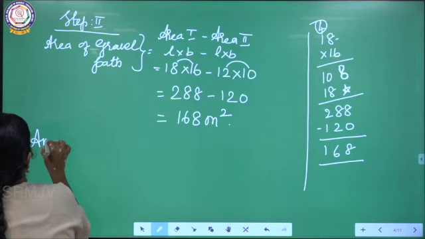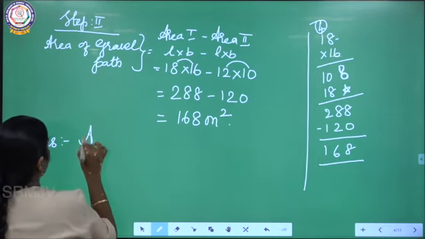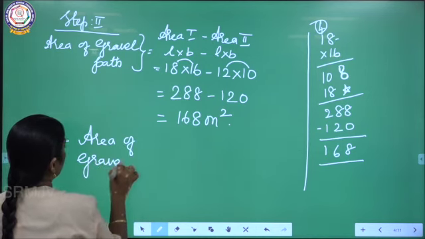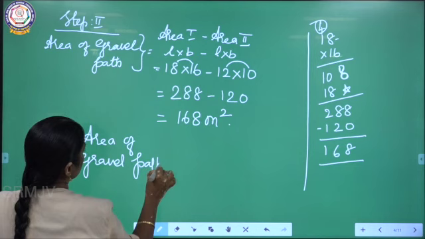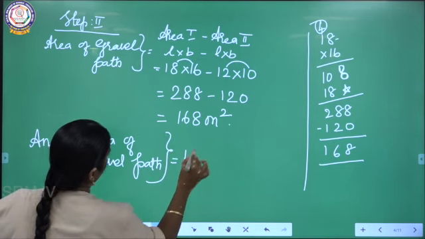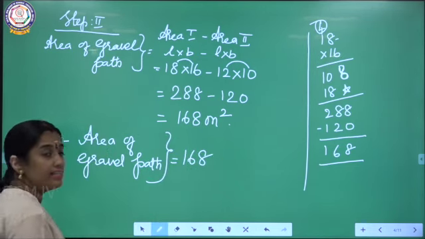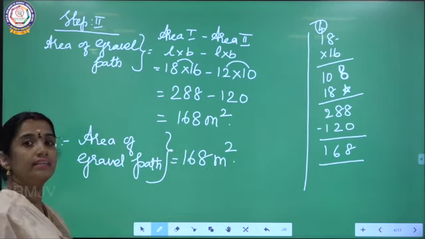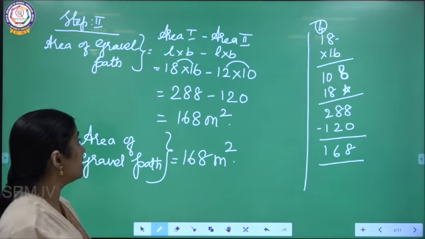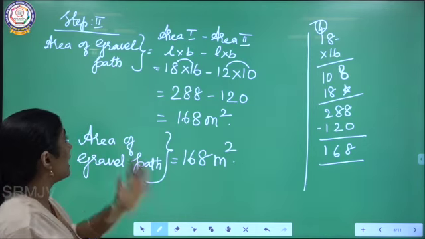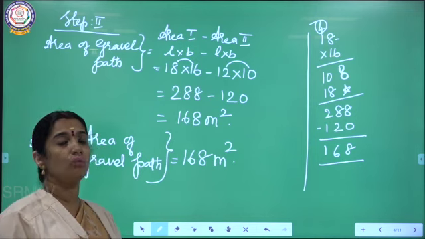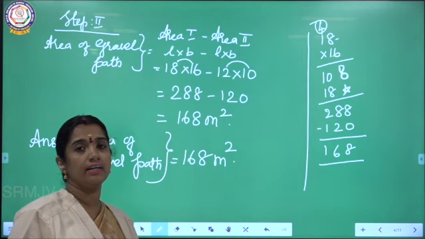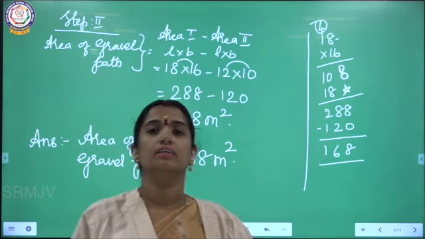So the area of a gravel path is equal to 168 meter square. Can you understand this, children? Area of a gravel path, I am subtracting the figure 1 and figure 2 area. When I am subtracting this, I can get 168 meters square. Thank you, children.